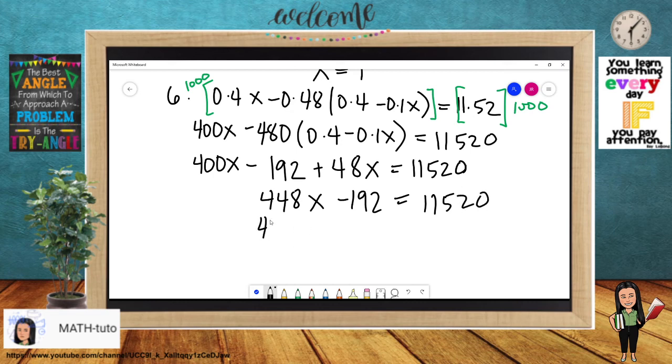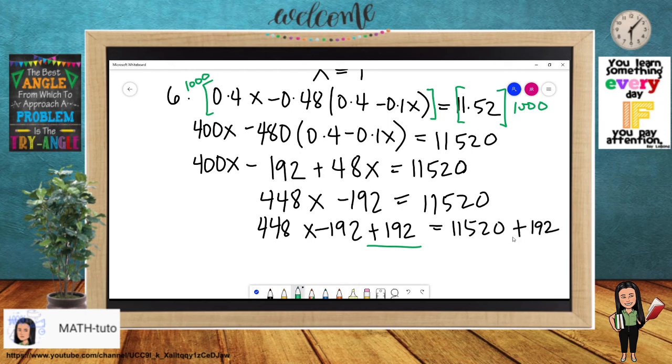We add 192 to both sides of the equation. Plus 192. Ito yung dinagdag natin. Equal to 11,520 plus 192. Simplify. 448x equal to 11,712.